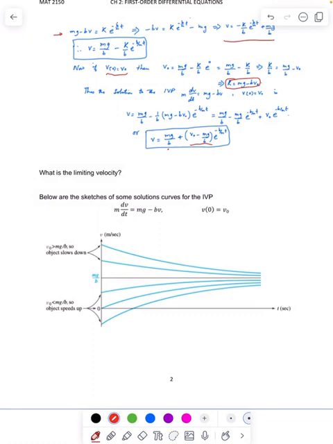Well, if we draw some solution curves for this v, which is done down here, you can find where the solution is horizontal, and that will be the limiting velocity. Also, note here we can find the limiting velocity by taking the limit of v as t goes to infinity.